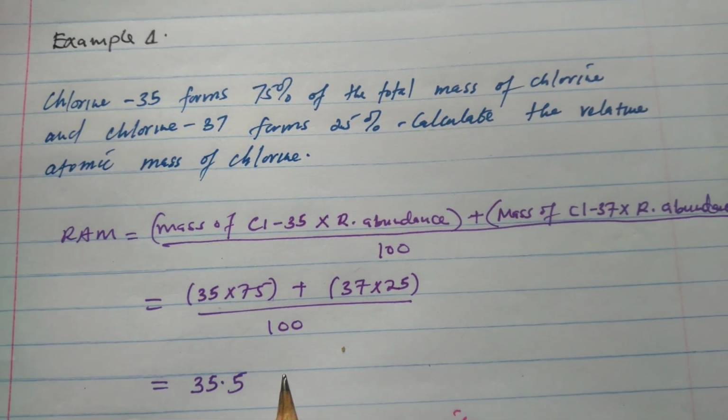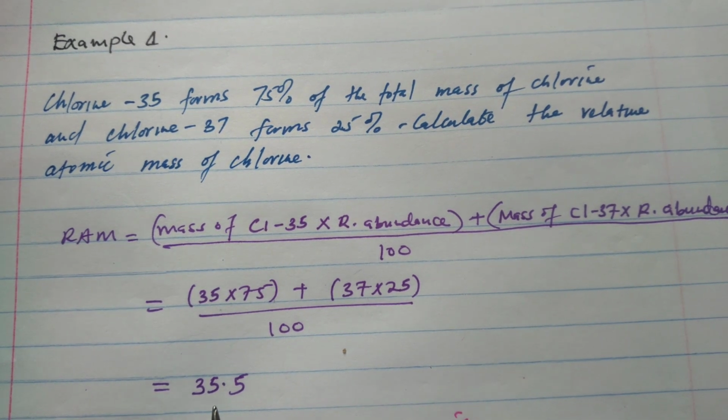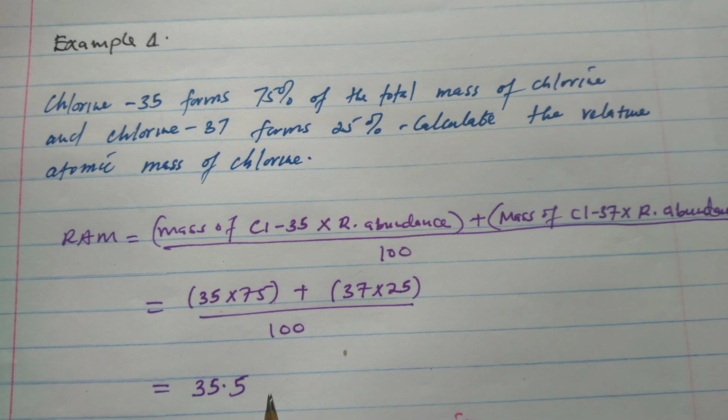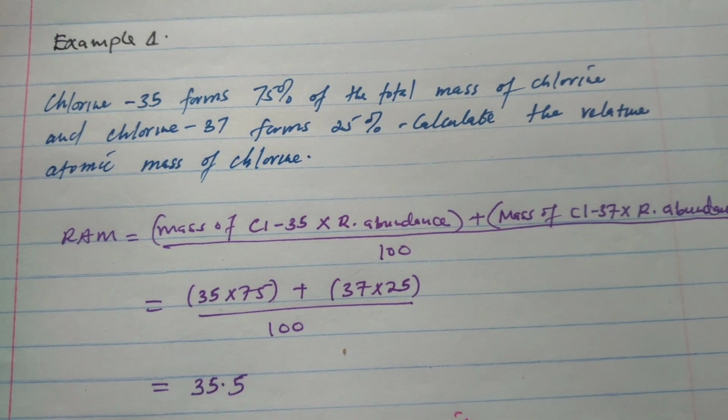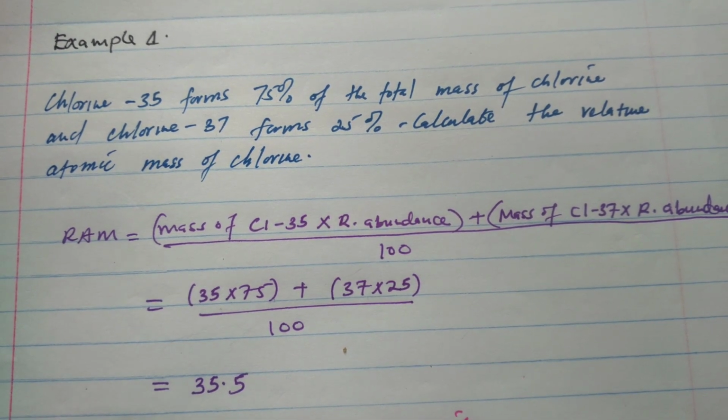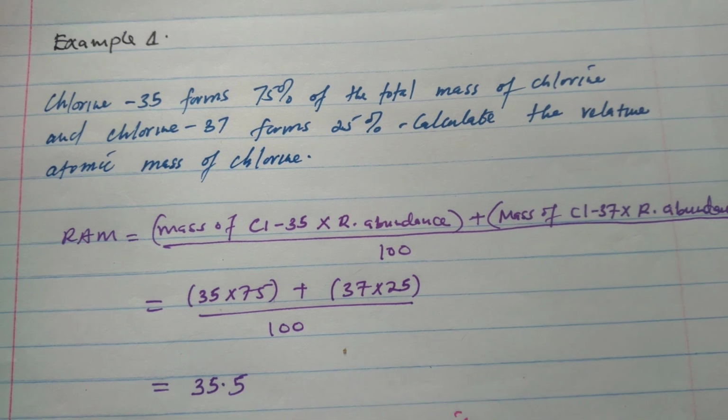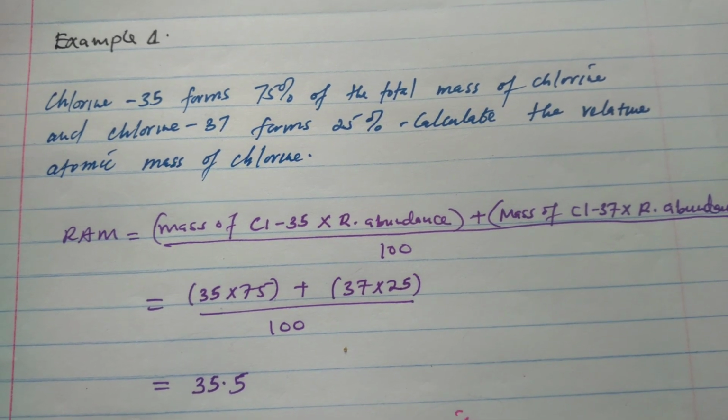And then we will arrive at 35.5 as the relative mass. So RAM, or relative atomic mass, is a ratio, and hence it doesn't have units.